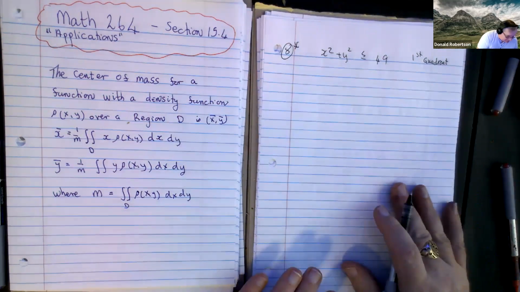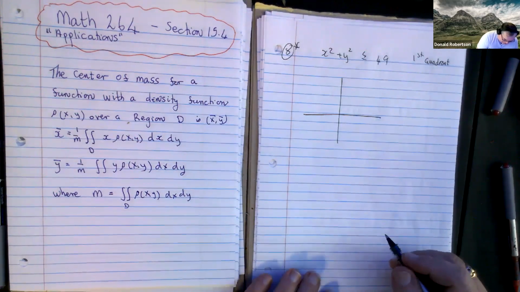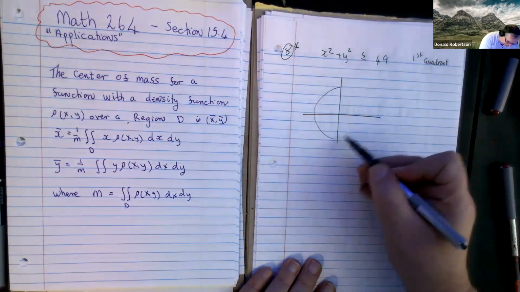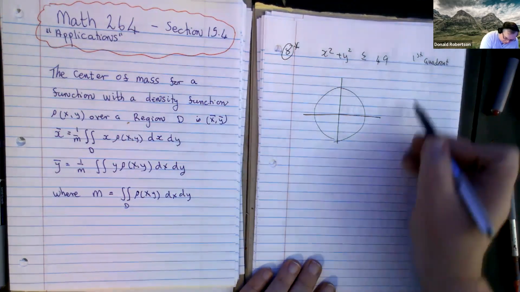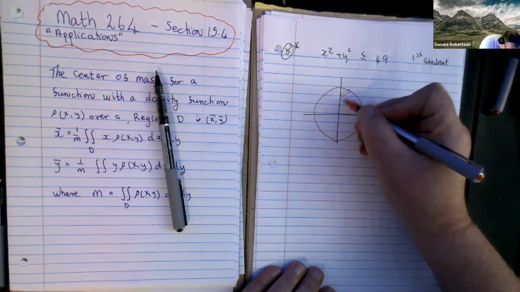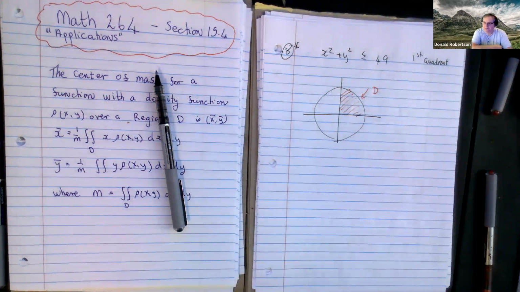That's the easy part. The density function's still to happen. This thing basically represents an entire circle, right? But if you do it in the first quadrant, that means that only this piece represents D. So far, so good? That's D.